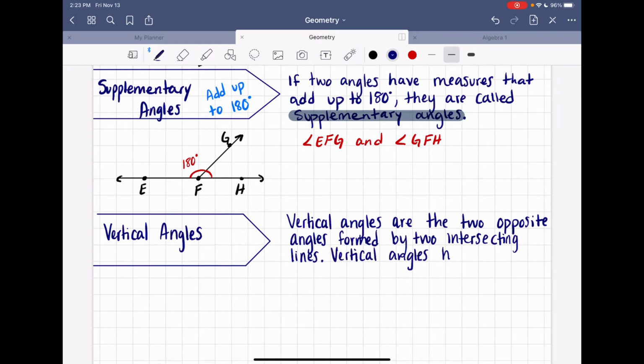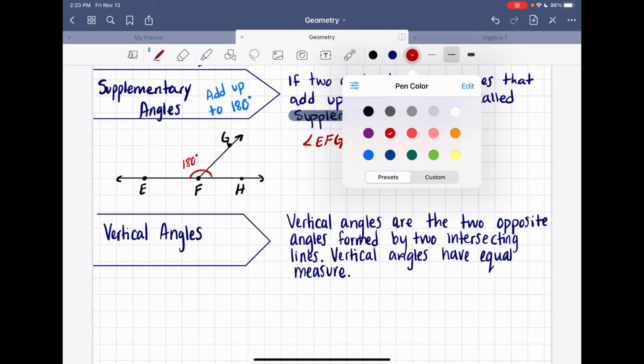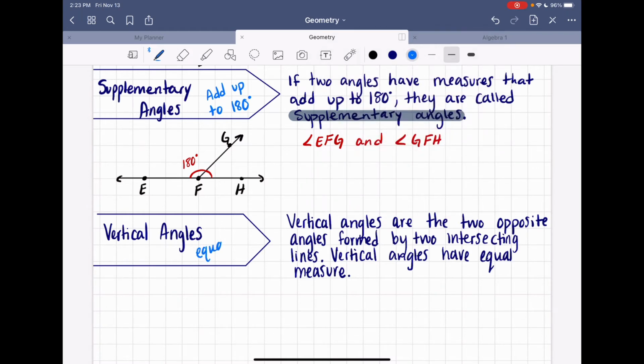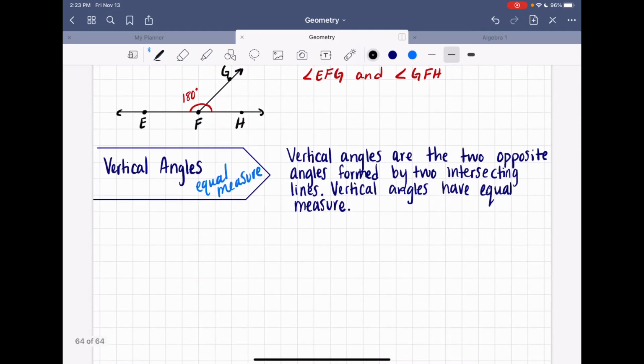So an example. All these angles, I'll label the ones that are vertical angles. So C and G, these are vertical angles.